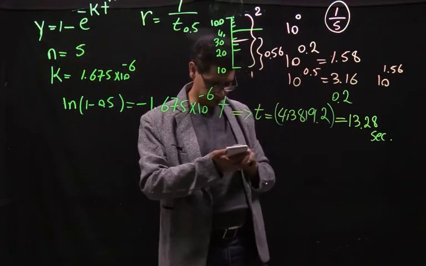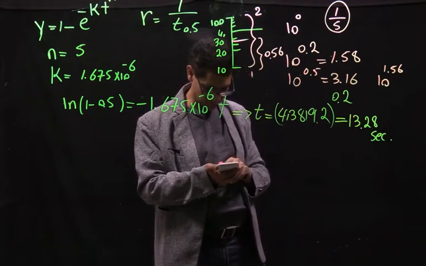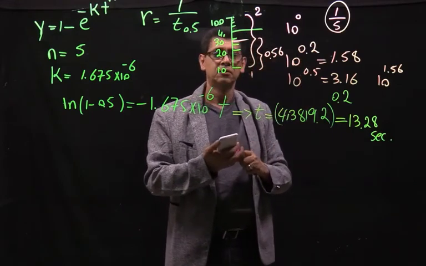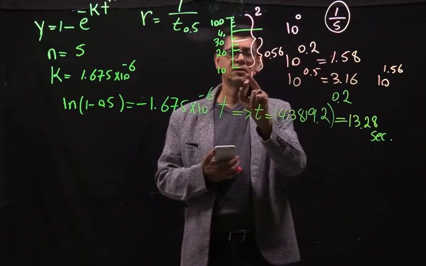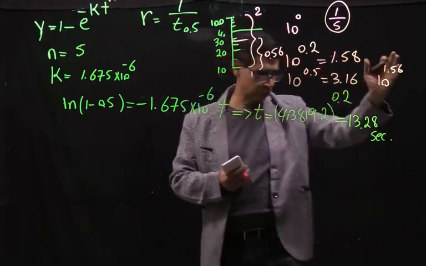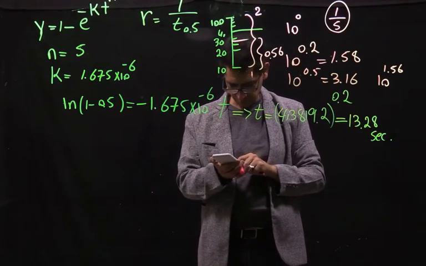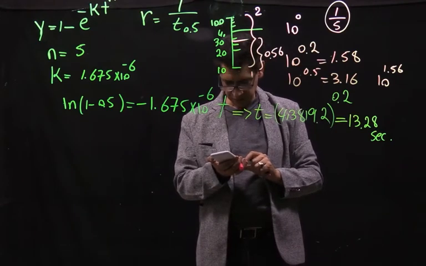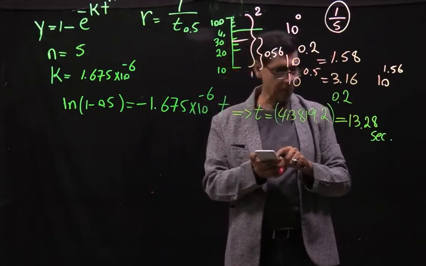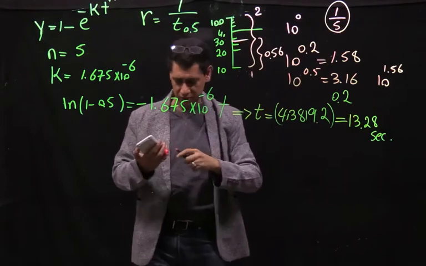So let me see, 10 to the power 1.56, because 10 to the power 2 is 100, would be about 36 point something, which is correct. Either way you can calculate that.